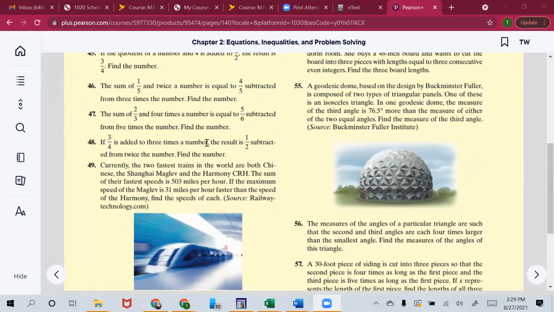I'm going to do 38, and then I'm going to do 58, and that'll be all in this section. Because like I said, I could do an example of every single one of these problems, but until you sit down and try it on your own, it may or may not make sense.